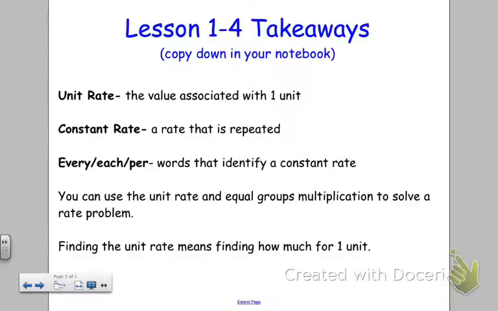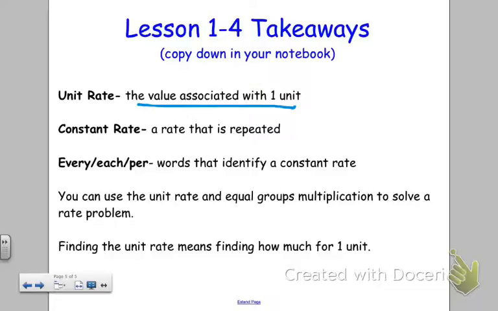And here are our takeaways. So first, a unit rate. That is the value that is associated with 1 unit. How much for 1? Constant rate. That's a rate that's repeated. Remember, every, each, and per are words that help you pick out your constant rate.